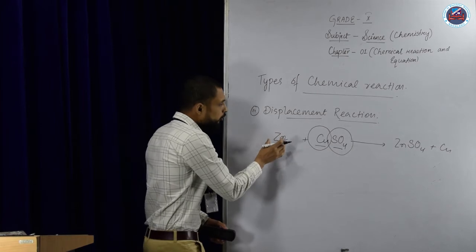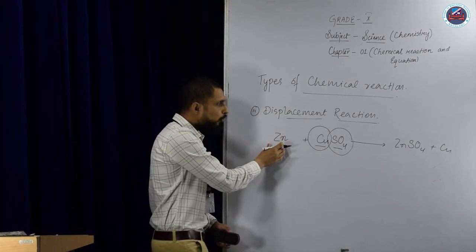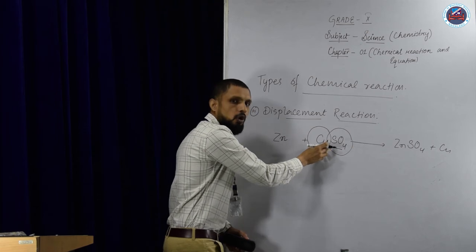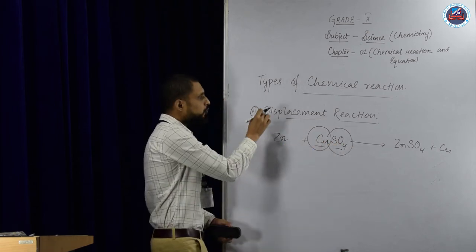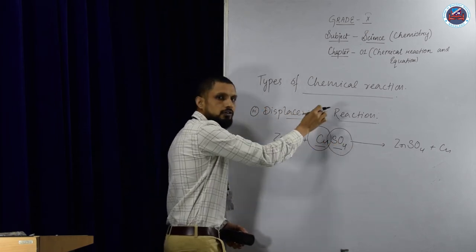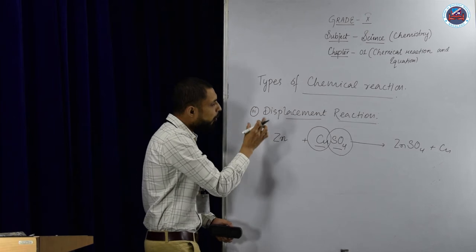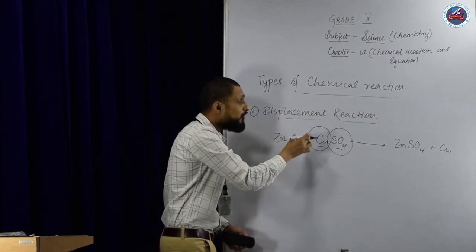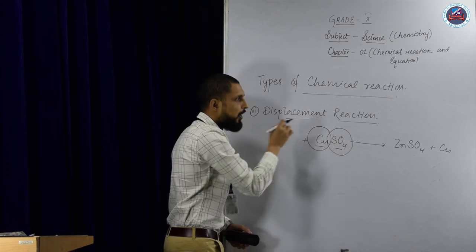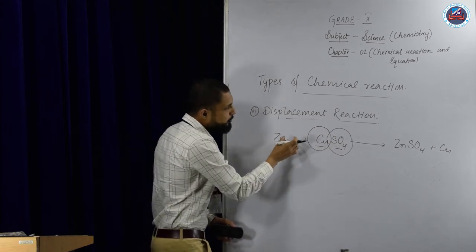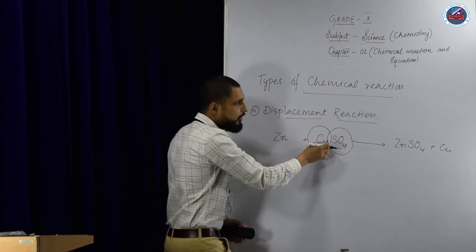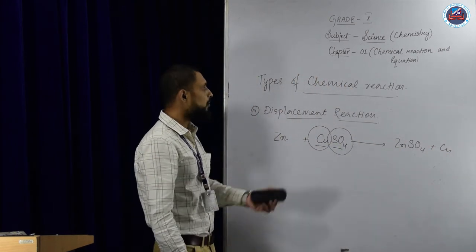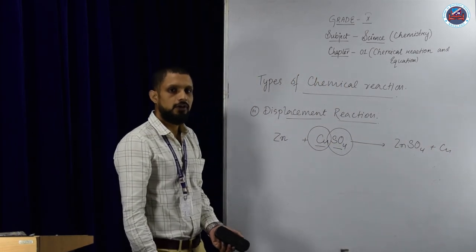So now zinc, being more reactive than copper, will displace copper from copper sulfate. That's why it's known as displacement reaction. That means the more reactive metal will displace the less reactive metal from the compound. So when zinc displaces copper from copper sulfate, it will form zinc sulfate and copper. So this is an example of displacement reaction.